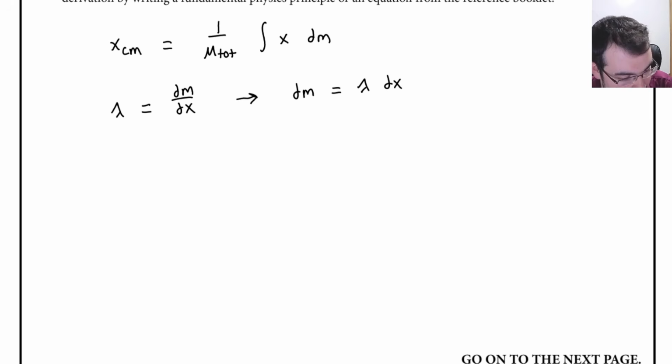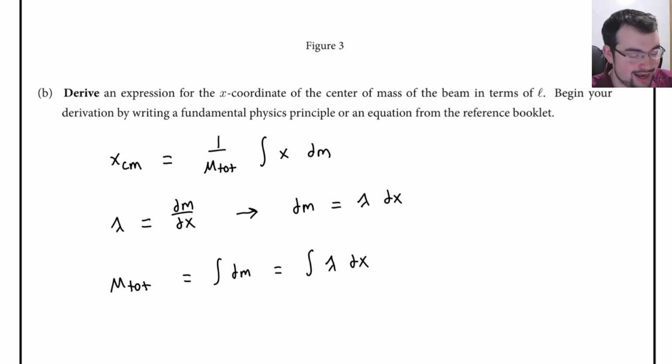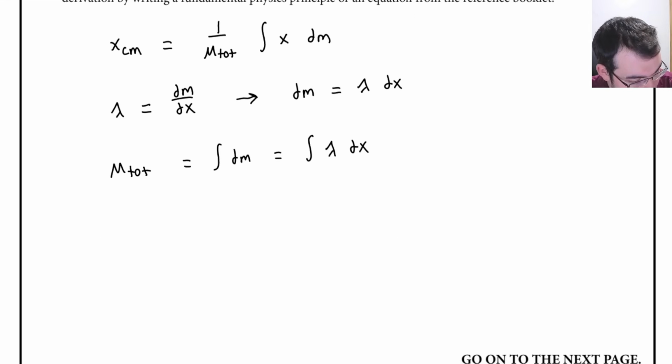If I wanted the total mass, I'd integrate all the little dm's, which means I integrate lambda dx over the given interval. We know we're going from 0 to L, and we know what our lambda function is.